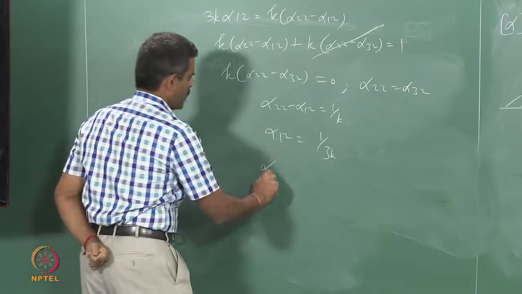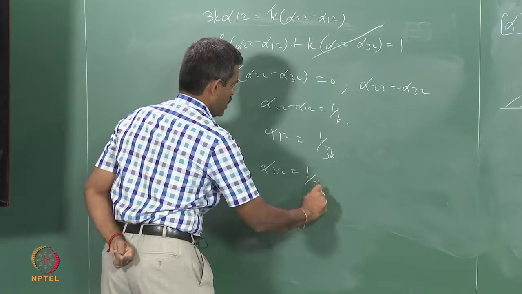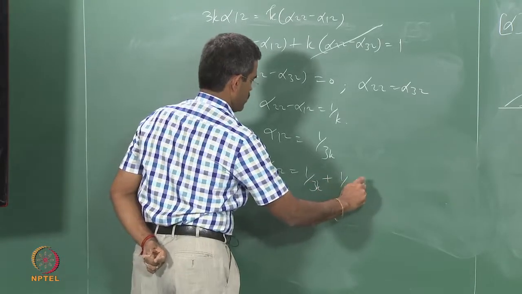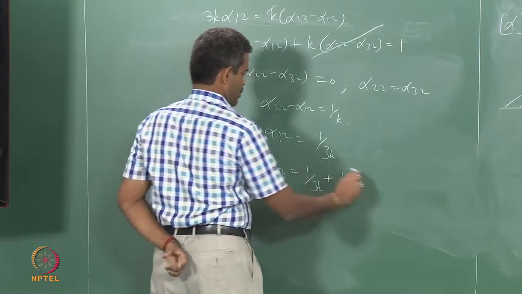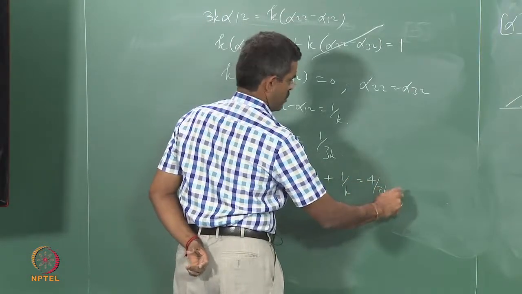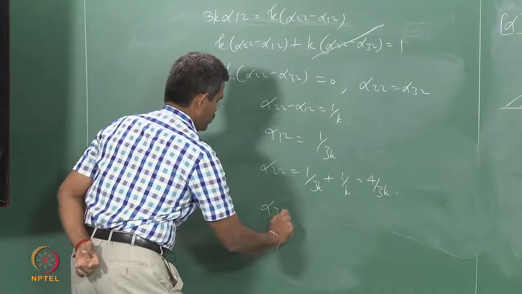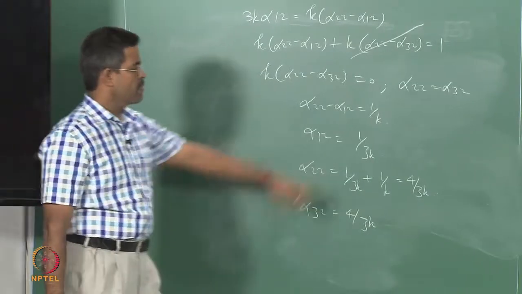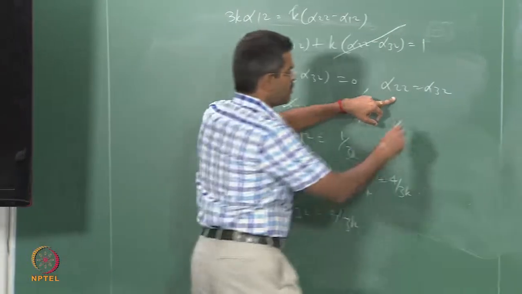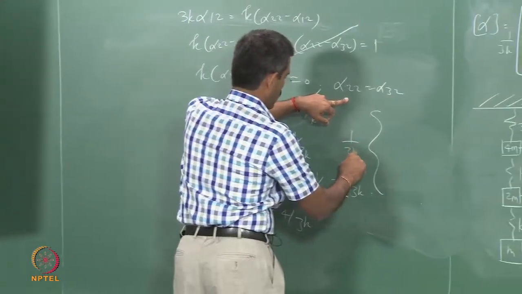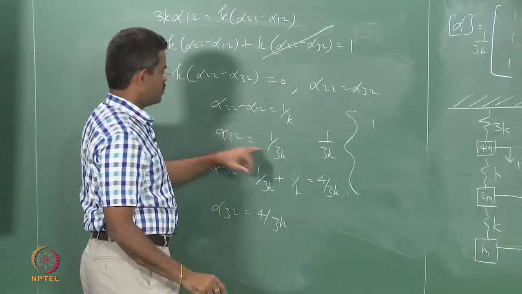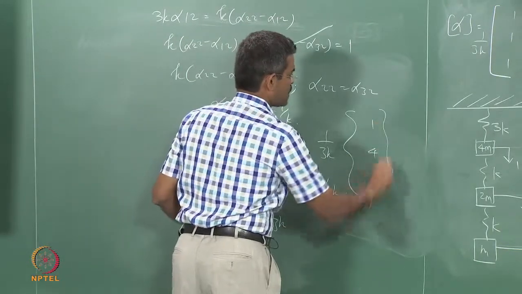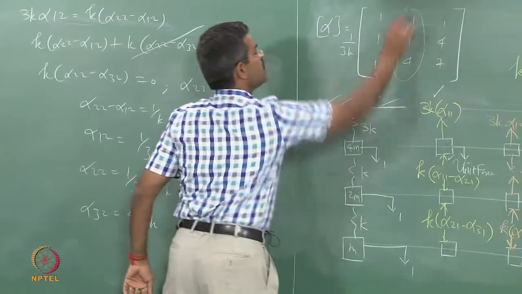Substitute here, alpha 2 2 is 1 by 3k plus 1 by k. So, alpha 3 2 is also 4 by 3k because they are same. So, the second column is going to be now 1 by 3k common, alpha 1 2 is 1, alpha 2 2 is 4, alpha 3 2 is 4, which is the same as the second column of what you have here.